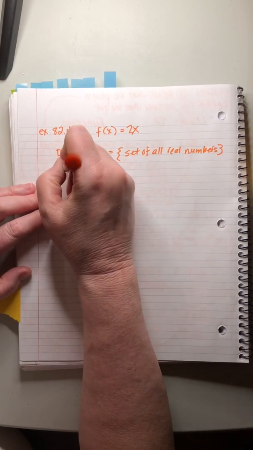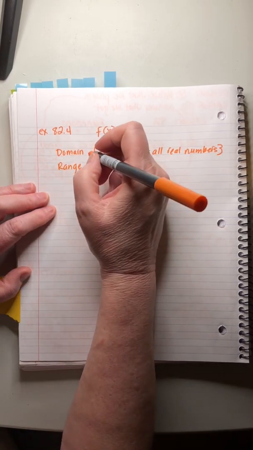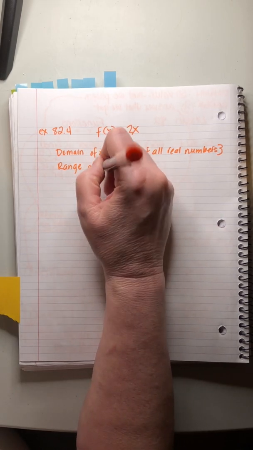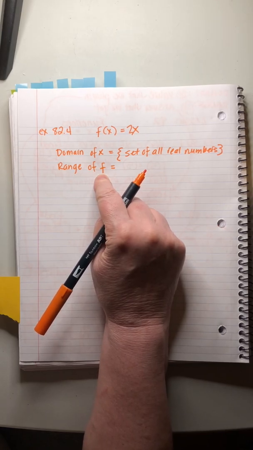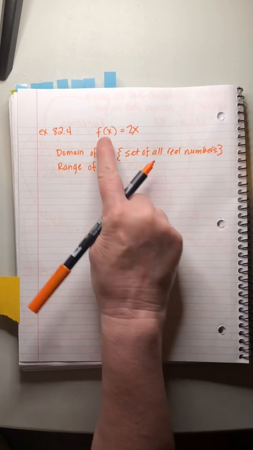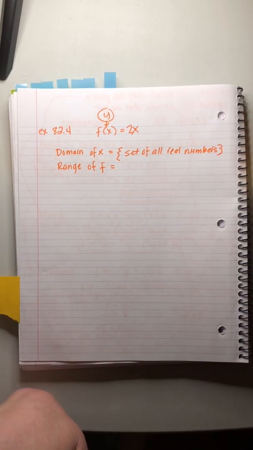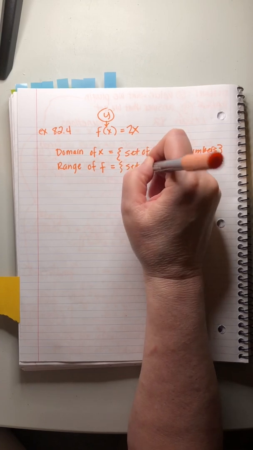So when we talk about our range, we write the range of f, which seems weird. It seems like we should put y, but when we're talking about functions, we don't really talk about y's. The y we now call the f of x. Okay, that's kind of weird, but we can live with it, right? The range of f, we can get any real numbers out of this too.